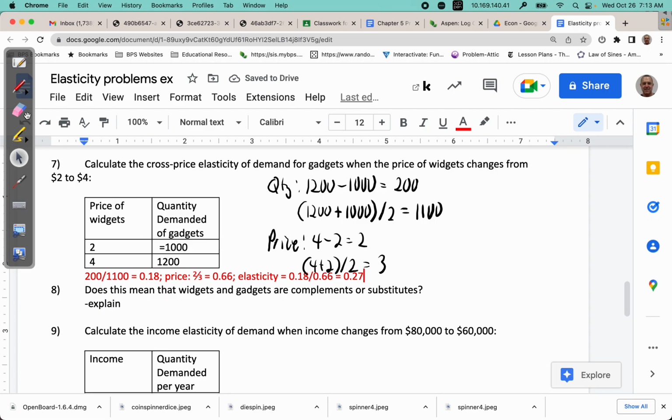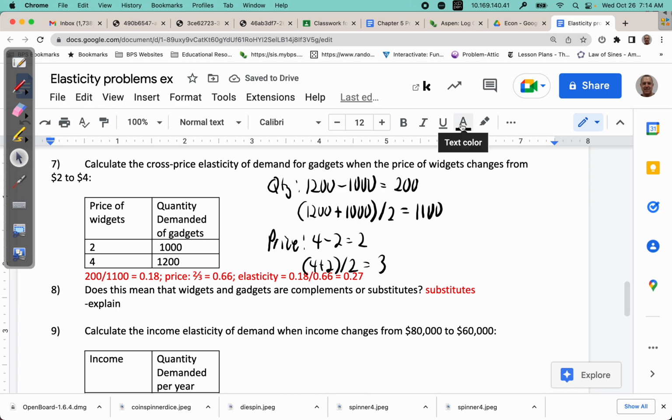Now this time we're not really going to care about whether it's greater than 1 or less than 1. That just tells how responsive it is. But we are going to pay attention to whether it's positive or negative. Positive means the goods are substitutes. Gadgets and widgets are substitutes. When the price of one goes up, people buy more of the other one, and vice versa.